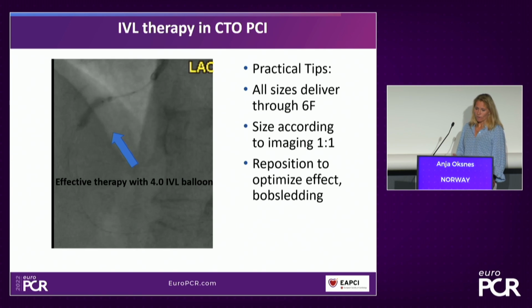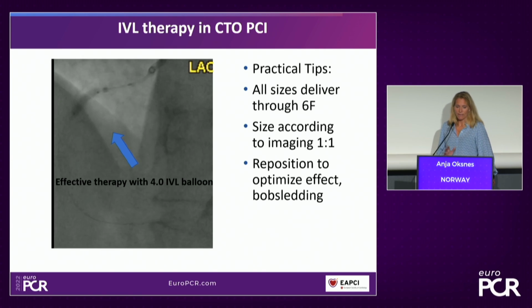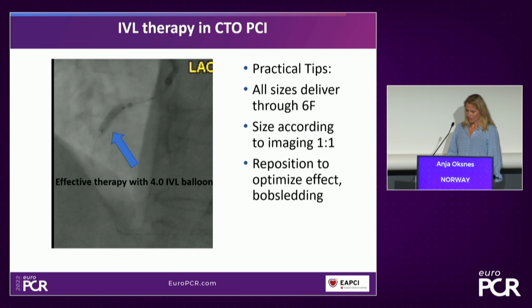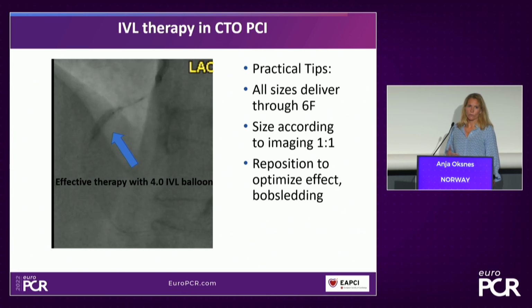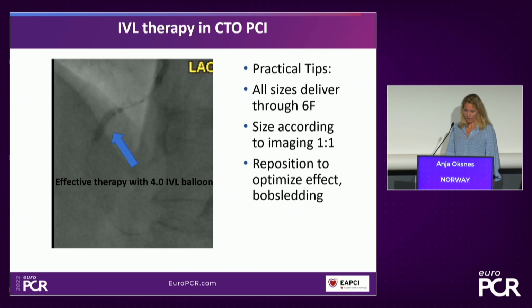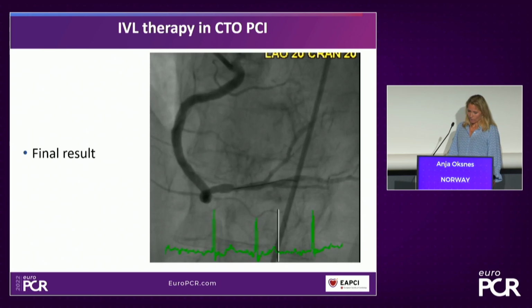So with a 4.0 IVL catheter, you can see here a really good result, expanding. When you choose your balloon, choose it one-to-one size to the vessel, and you can do this with your 6 French radial access. Also, it's smart to reposition the balloon to give your shocks in a bigger area. So this was the final result.